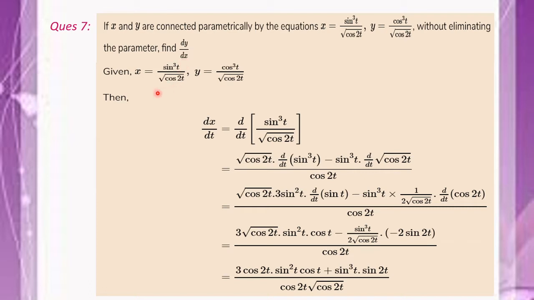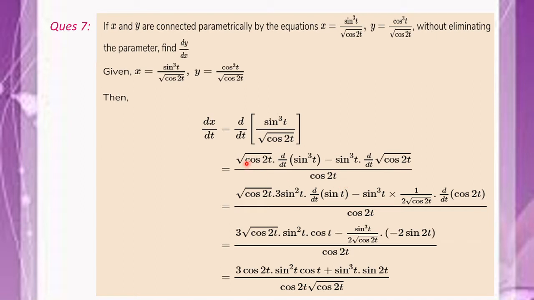Seventh important question, students, x and y are given, and without eliminating the parameter we have to find dy by dx. Let's take x first of all, dx by dt, because the parameter is t here. What can we apply? We can apply the quotient rule, which is u dash v minus uv dash upon v square. So here the denominator will be squared, so the root will be cancelled out and it will be cos 2t.